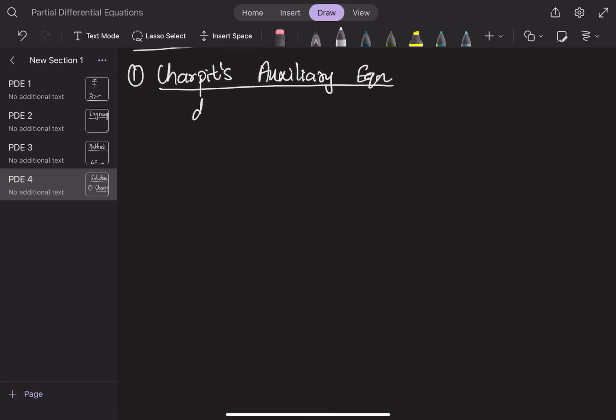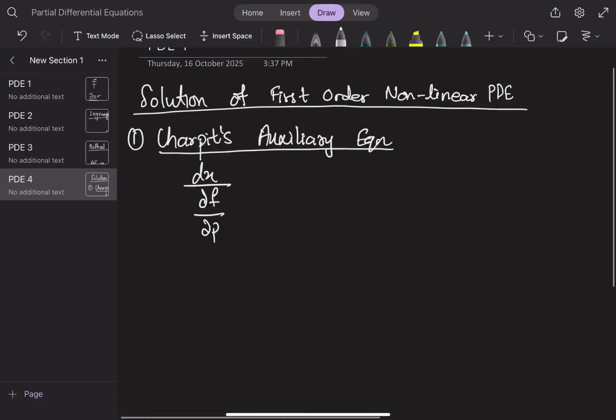So, it's dx divided by del f by del p. If f is basically your function, f is equal to 0, this is your equation.